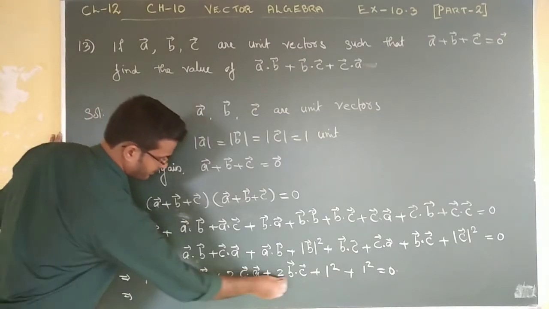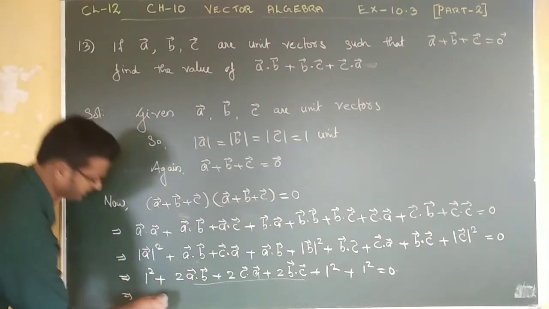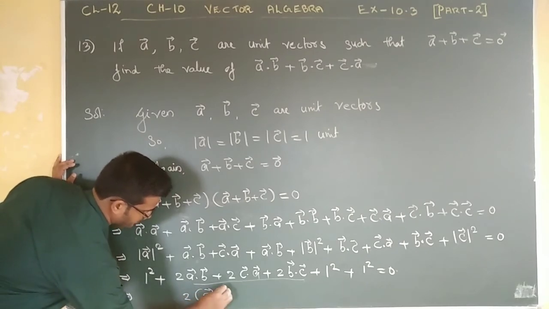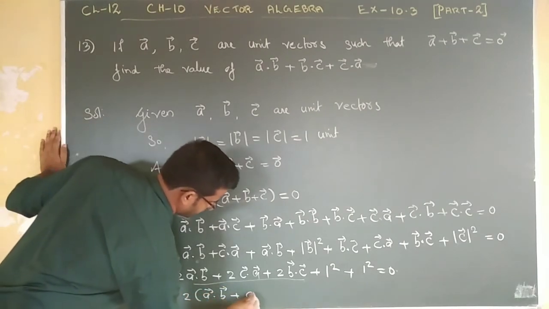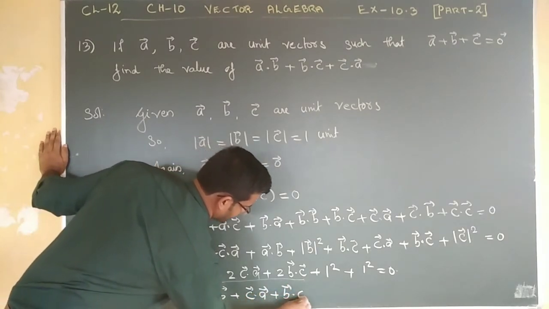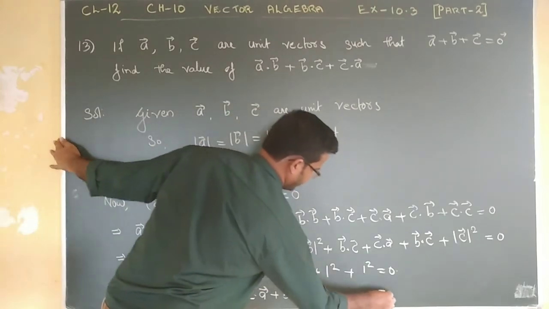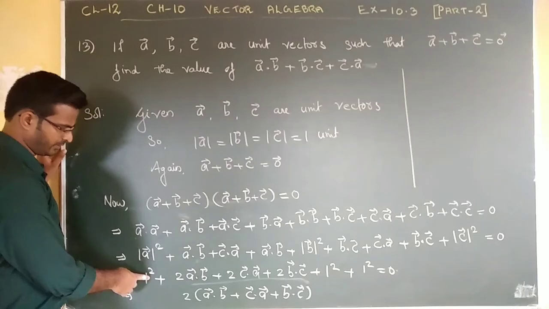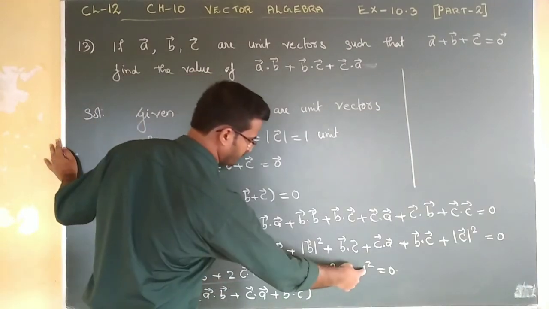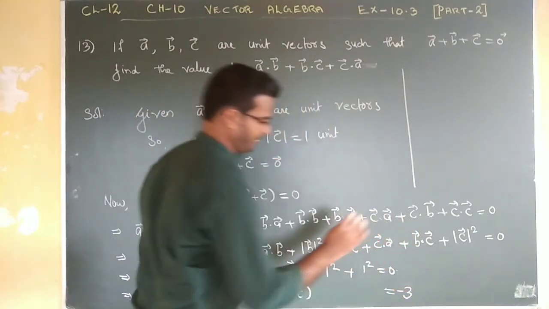Then from this part, what can we take outside? 2 is common, isn't it? 2 take outside, then remaining A dot B, C dot A, B dot C, bracket close, equal to, then here you can see 1 square is 1, here also 1 square, 1, 2, 3 is there, plus 3 bring to right side, that will be minus 3.